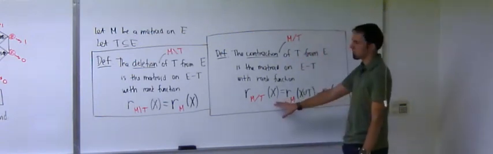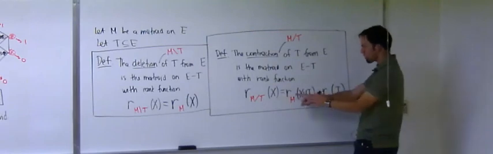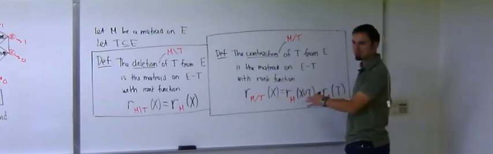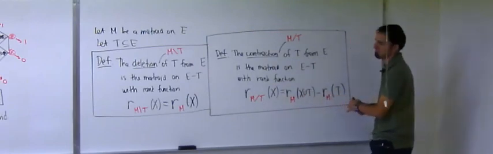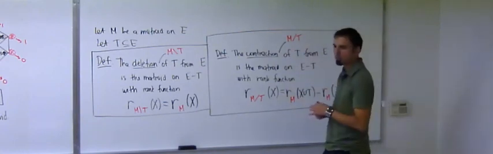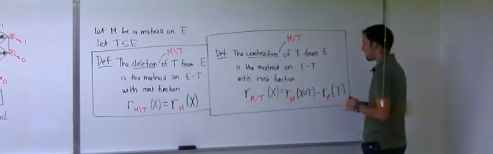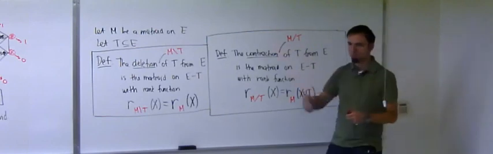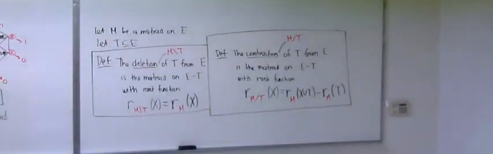If you don't see right away why this is what I should have written, just stare at it until it clicks. This is the mathematical version of the two corrections that I did here: the black correction of getting rid of T, and the red correction of getting rid of the rank of T.